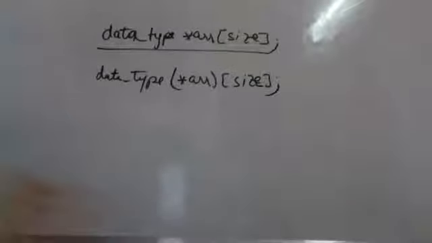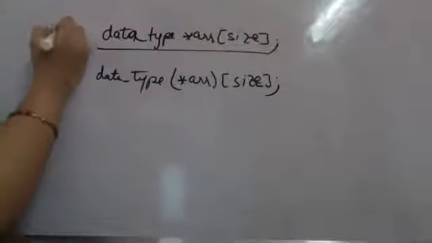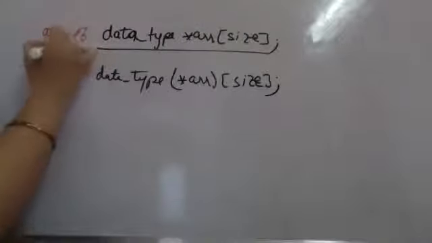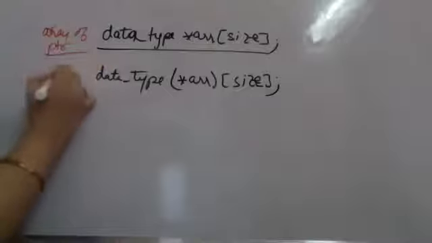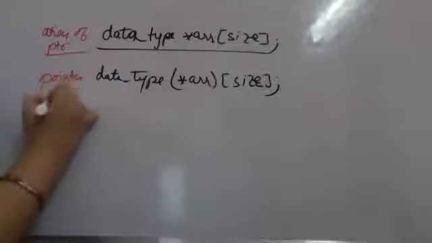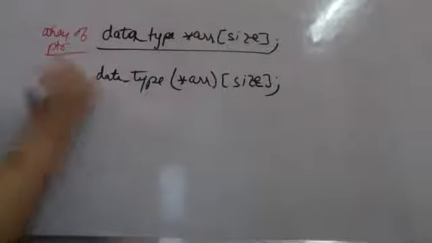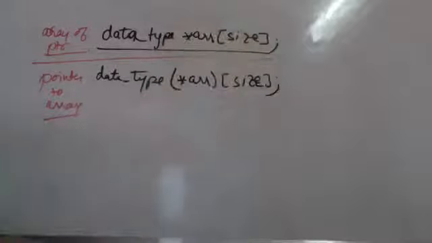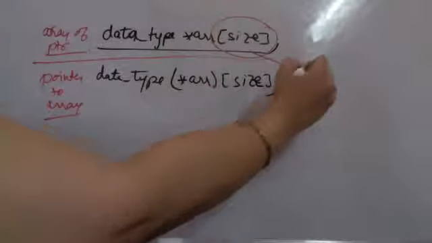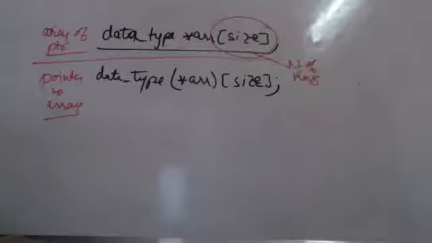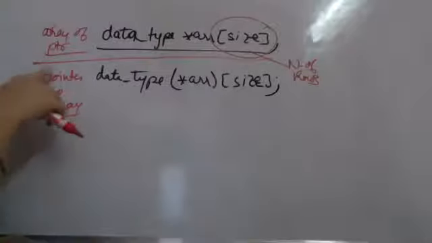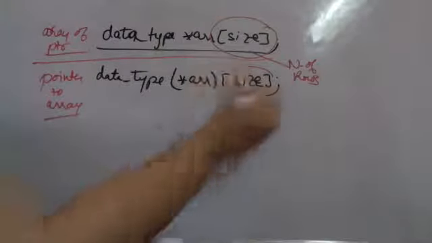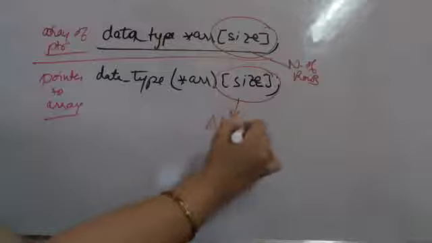This is the whole and sole difference between an array of pointers and pointer to array. So when I'm talking about array of pointers, size represents the number of rows. When I'm talking about pointer to array, size represents the number of columns.